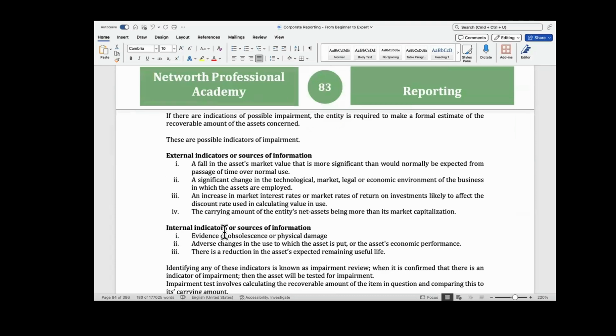And like I've told you earlier, based on what is happening in the economy, we expect that a question on impairment should come out, because elevated inflation, elevated NPL, naira devaluation, all this goes to show that you are overvaluing your assets.